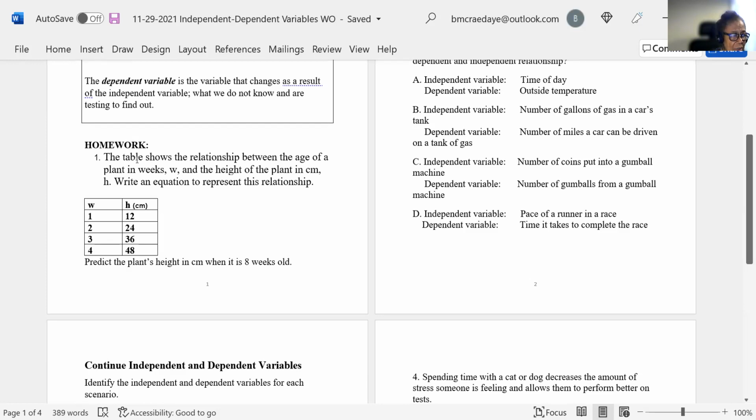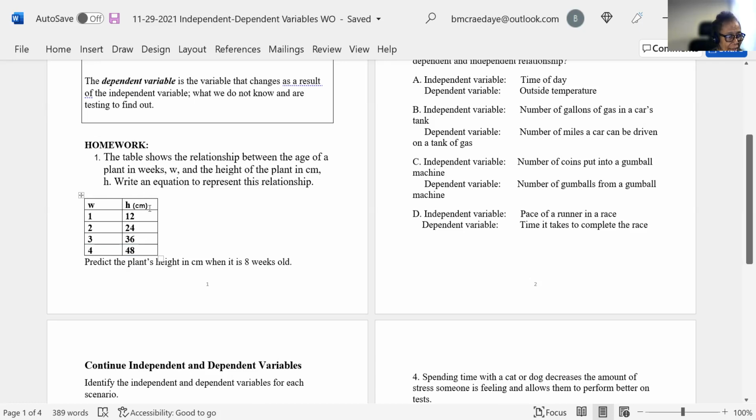Okay, the table shows the relationship between the age of a plant in weeks, W, and the height of the plant in centimeters, H. And your assignment there was to write an equation to represent this relationship. Now notice the weeks are in the first column, 1, 2, 3, 4, up to 4 weeks, right?